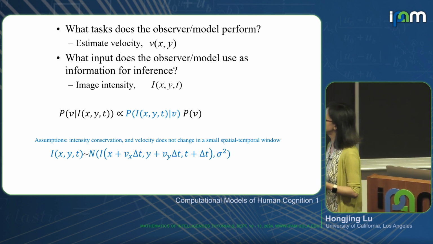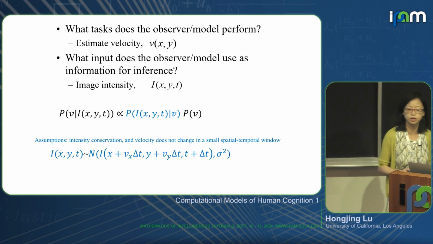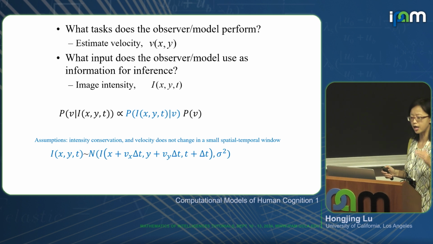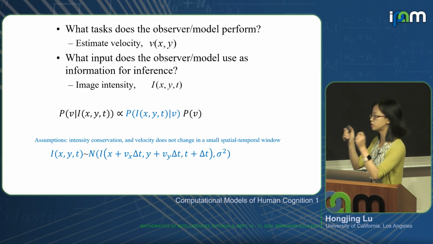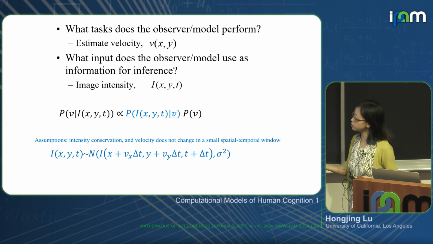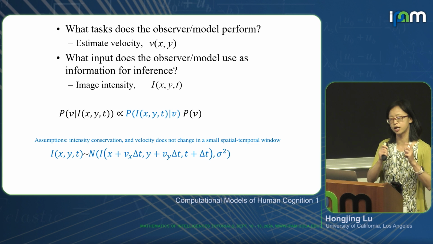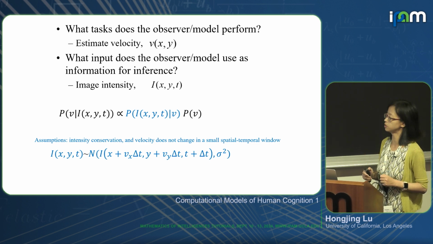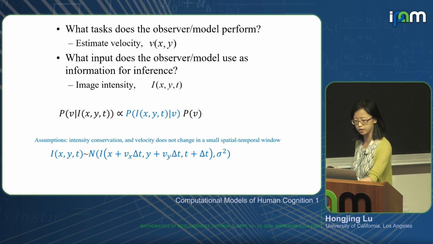In this model, the constraint is that within a very short spatial and temporal window, the intensity of the object or the image will not change, and the velocity will not change. So the emphasis is on these very small spatial and temporal regions. You can think of this as providing a local context constraint to the likelihood computation, along with how this kind of data can be generated.